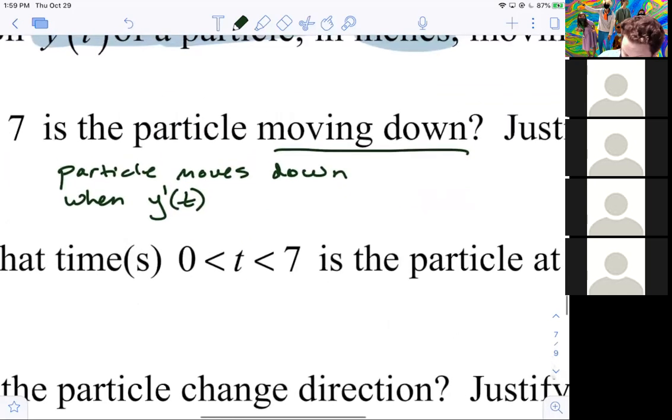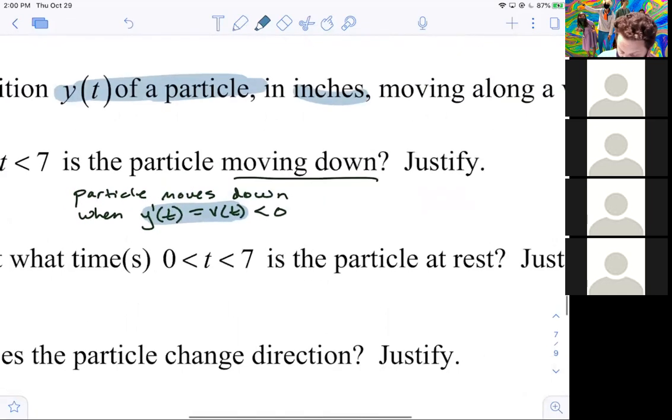So if you define it, though, when y prime of t, which equals v of t, is less than 0, now you've just defined what v of t is. But you don't need to do that. You can just say when y prime of t is less than 0. Okay. This occurs on. And now we can answer the question.